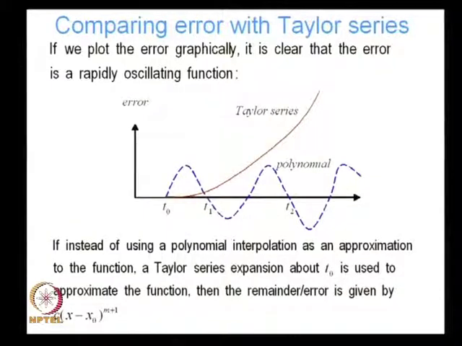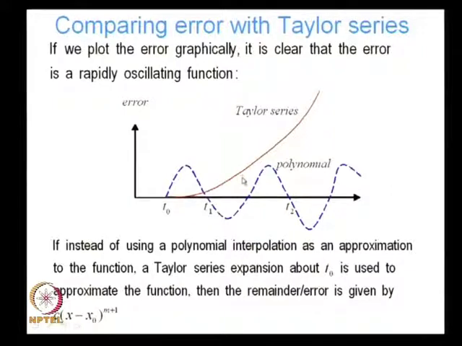But another requirement is that those values must not be very big, and that is where my Chebyshev comes in. So any polynomial interpolation is going to be better than Taylor series. You can see that: this is oscillatory and this is growing monotonically.